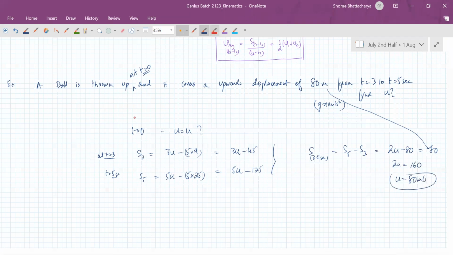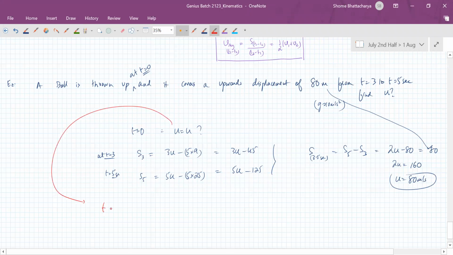Another way of doing the question is, see, if u is the initial velocity, then at t equal to 3 seconds, what is the velocity? It is u minus 30. And at t equal to 5 seconds, it is u minus 50. So what is the average velocity from 3 to 5 seconds?